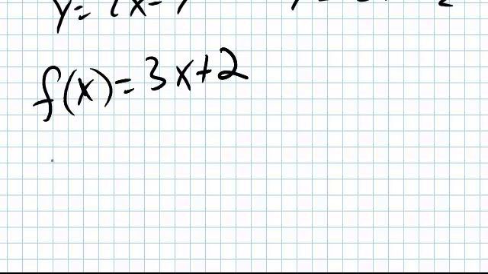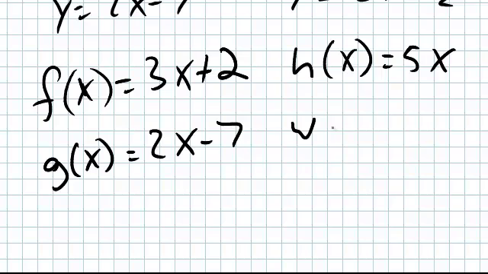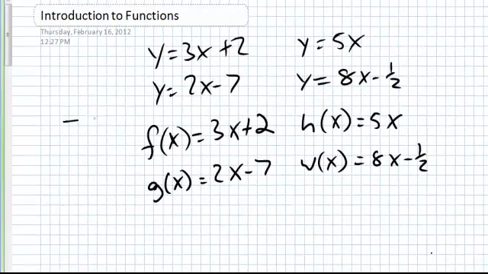My second equation might be g, so g of x equals 2x minus 7. My other equation is going to be h. h of x equals 5x. And my last one may be w. w of x equals 8x minus 1 half.